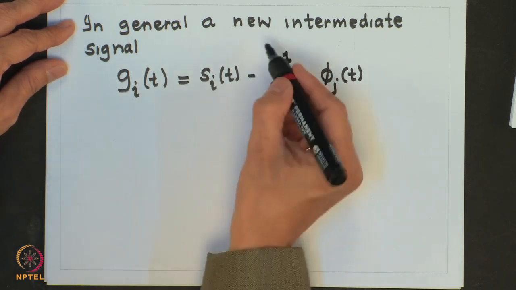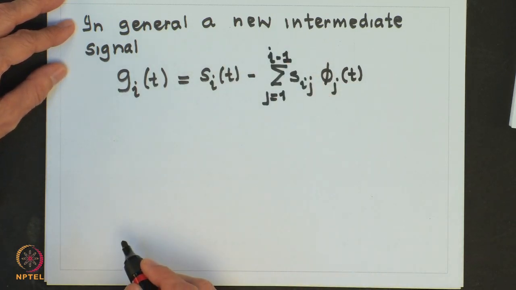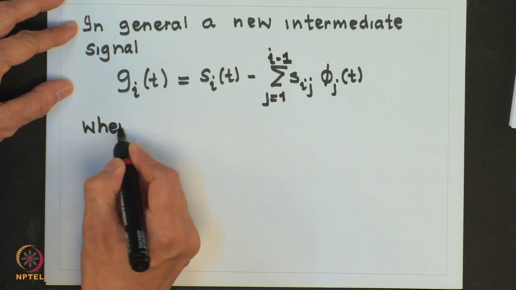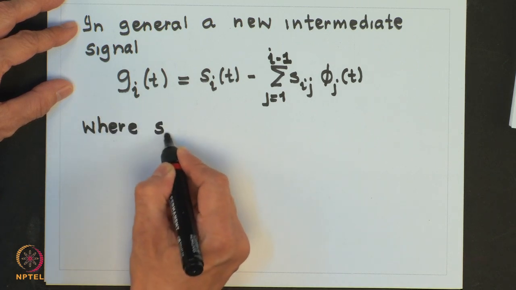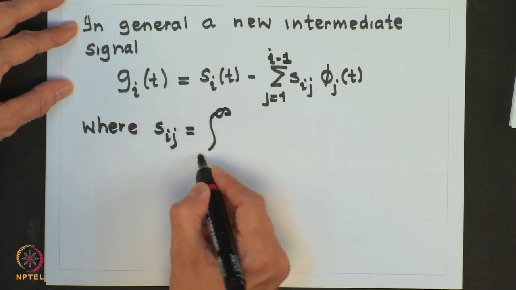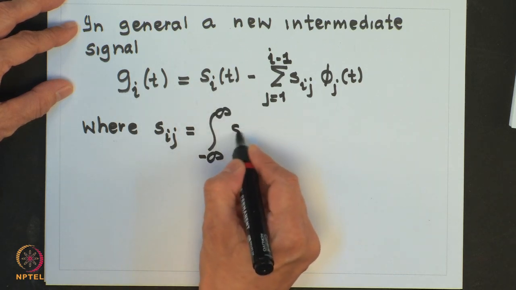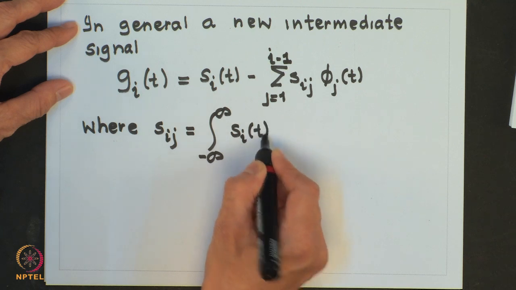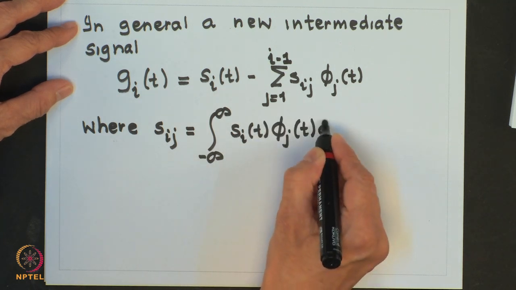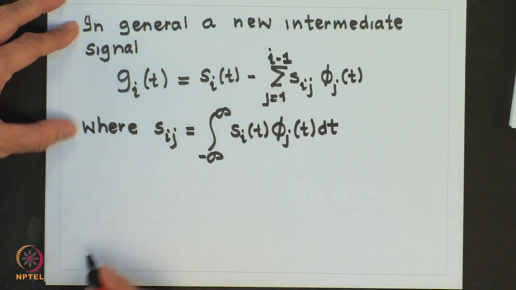So, there will be i minus 1 basis functions, and your coefficients of expansion, that is s_ij, would be equal to the projection of s_i(t) on the basis function phi j(t).